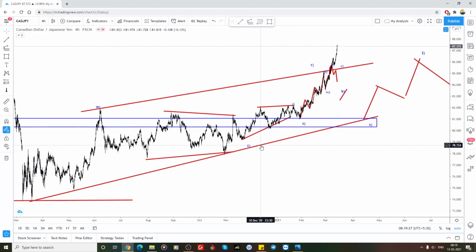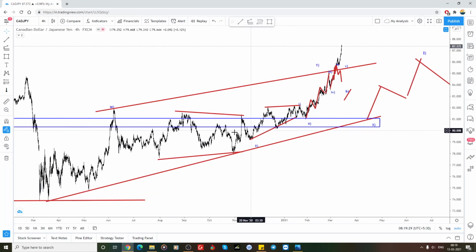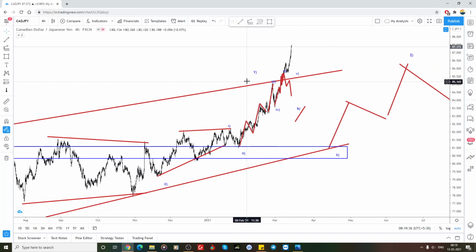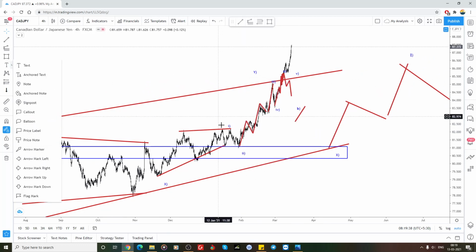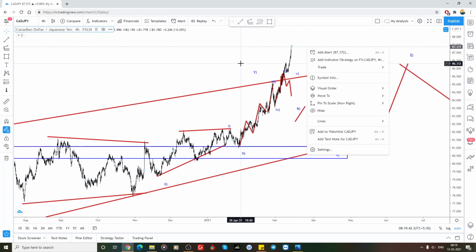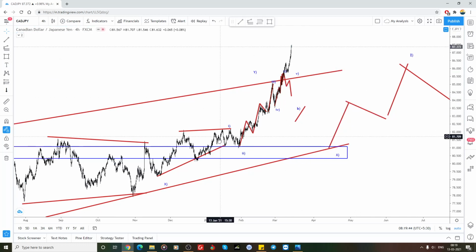Sorry for that. So now the CAD JPY is a WXY. So this could be a 1, 2, and I said previously I kept this as A and B. So C can be a 5-wave structure, and if it keeps going, this will be considered 1, 2, 3rd, 4th, and 5th.